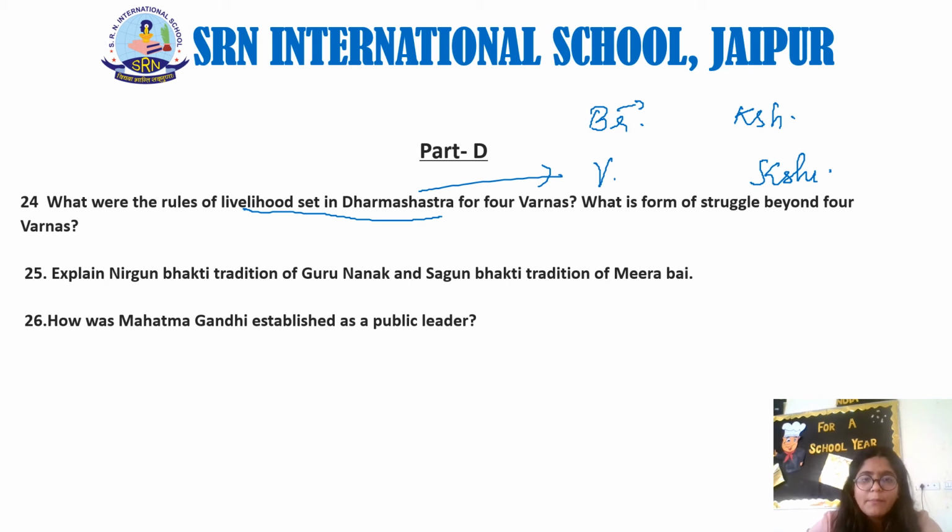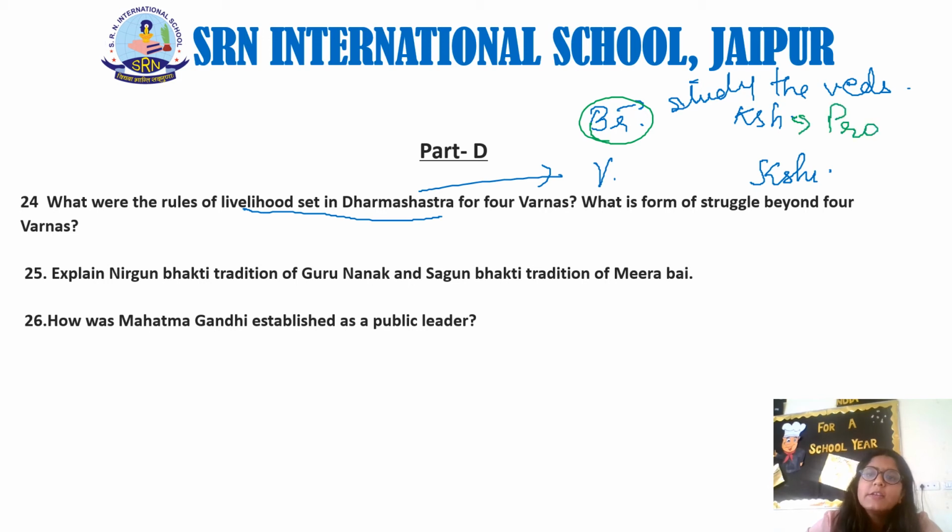Brahmanas were supposed to study the Vedas, worship the gods, and teach the different hymns and Vedas to people. They were supposed to perform sacrifices and get sacrifices performed by the Kshatriyas and rulers, and to receive and give gifts. This was the job of the Brahmana.